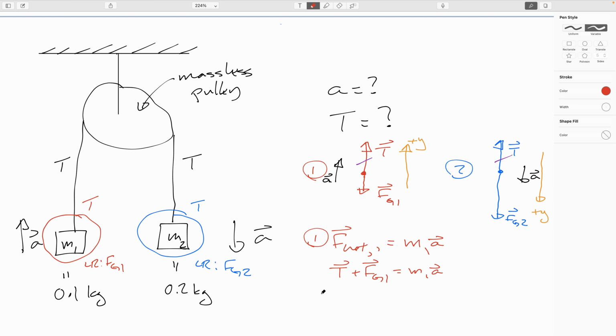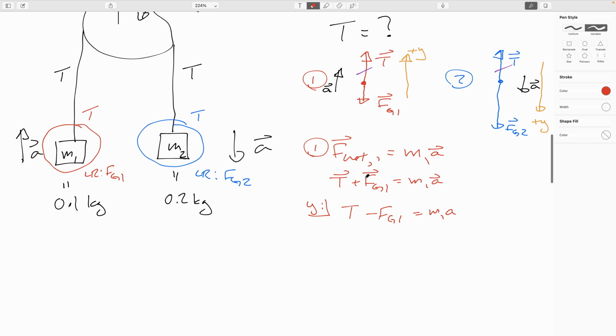And just like before, the x component doesn't give us anything useful because all the action is happening in y, so we'll take the y component. So T points up here, which is the plus y direction for system number 1, so it makes that positive. Fg1 points down, so it's the minus y direction for system 1. So we'll say T minus Fg1 equals m1a, and that's because a points the same way as plus y.